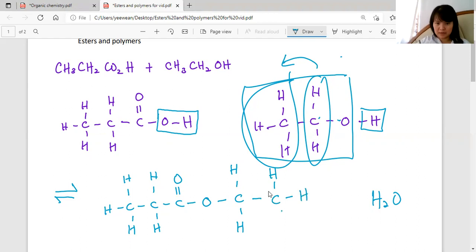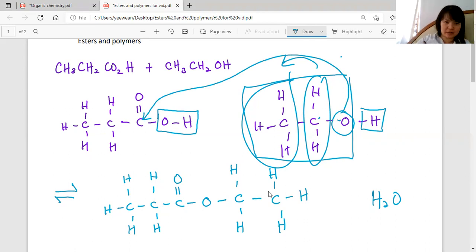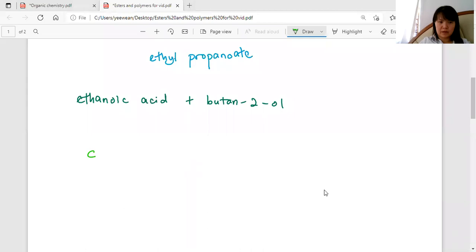So your job is to make sure they are connected to the correct atoms. So CH3, CH2, CO, and this O will always attach to this CO carbon. So just remember that. Let's look at a more complicated example. Ethanoic acid with butan-2-ol.